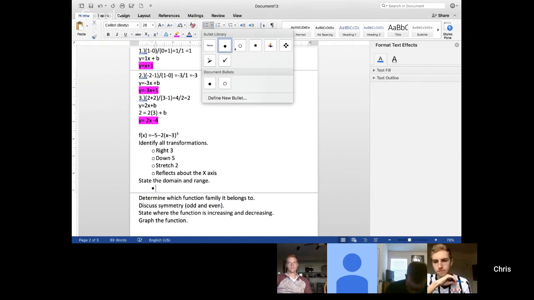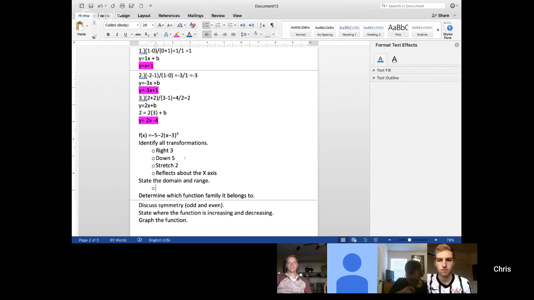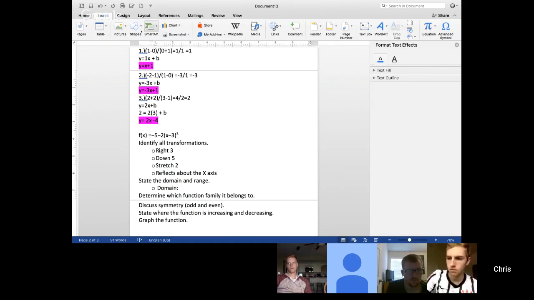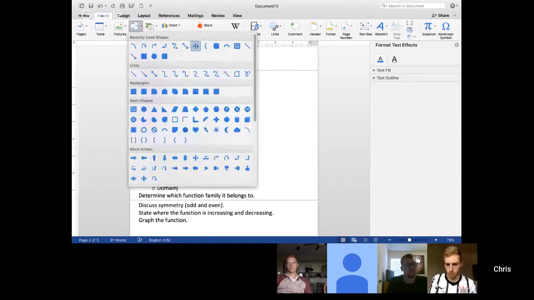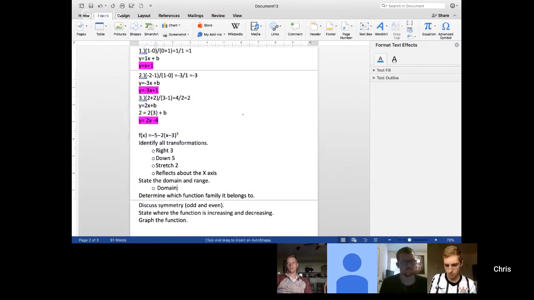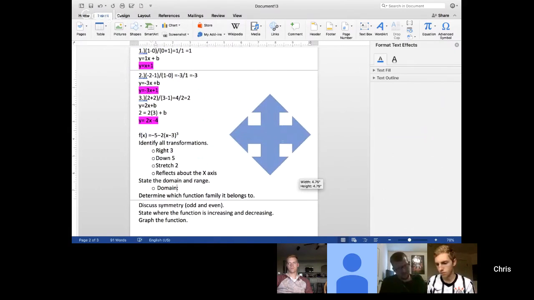Why did I not want to do that? Okay, we want the domain. Yeah, let's graph this because it's going to be darn near impossible to deduce what the domain and range would be without graphing. I mean, you could, but it's going to be so much easier if we graph this.